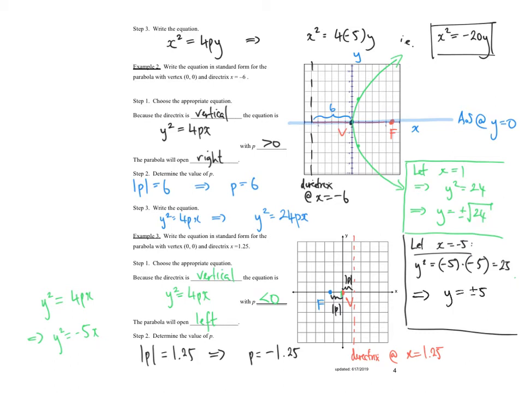So by picking x cleverly, we managed to end up with a nice whole number y coordinate when we take that square root. So I end up with this point and this point on my parabola, and I can complete my sketch like so. Now sometimes the numbers are too big to choose our x cleverly like that, but it's always worth thinking: is there a way I can make my y-coordinate nice when I take that square root?